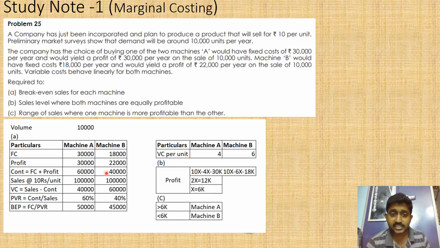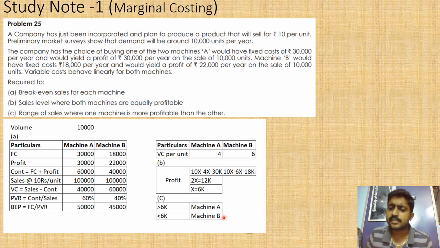And at 10,000 we just had a solution: machine A had 30,000 profit and machine B had 22,000 profit, which means at 10,000 machine A's profit is higher than machine B's. So if your volume goes above 6,000, machine A becomes more profitable, and if your volume is below 6,000, machine B is more profitable. So from 6,000 to anything above, you have to buy machine A, and below 6,000, machine B.